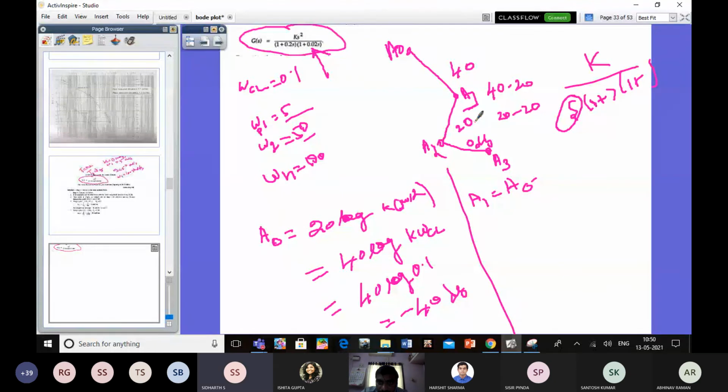Sir, A0 minus 20 log of omega P1 by omega CL. Again you are sleeping, dear. Here you can see what is the slope. So 40 log of. Then why are you saying 20? A0 minus 40 log of 5 by 0.1.